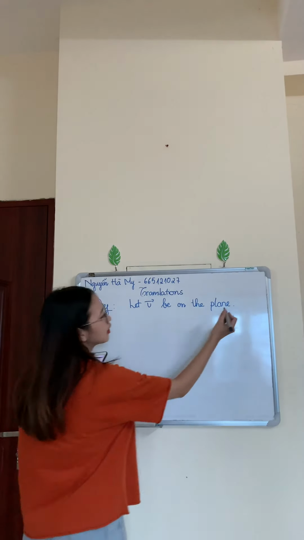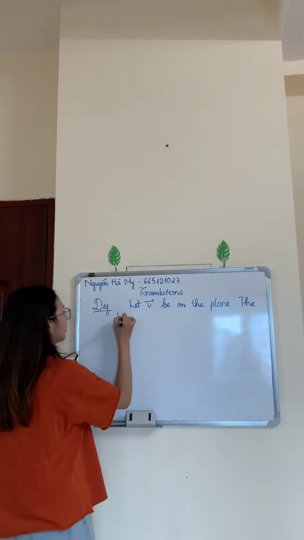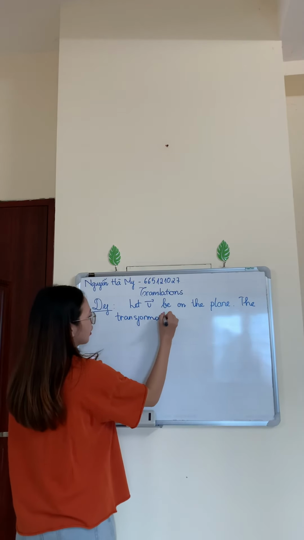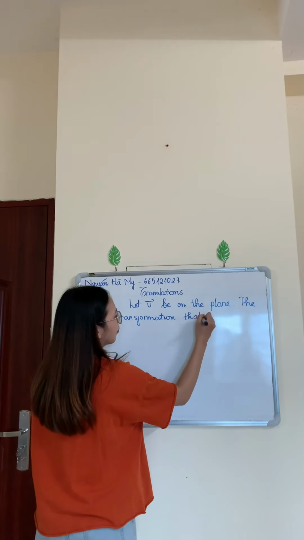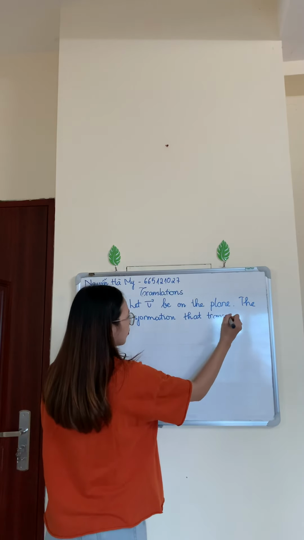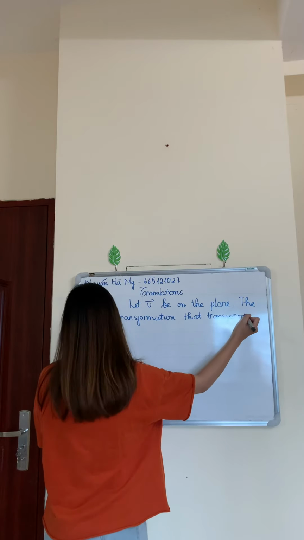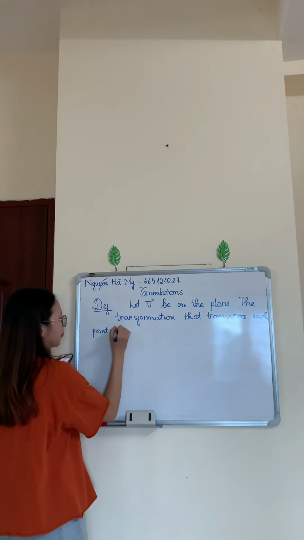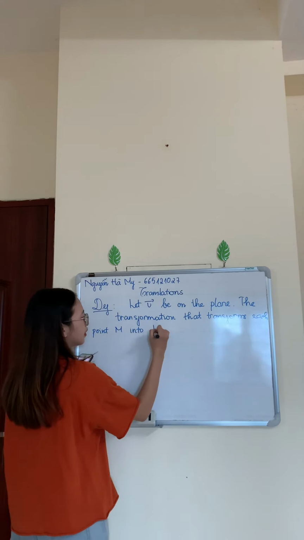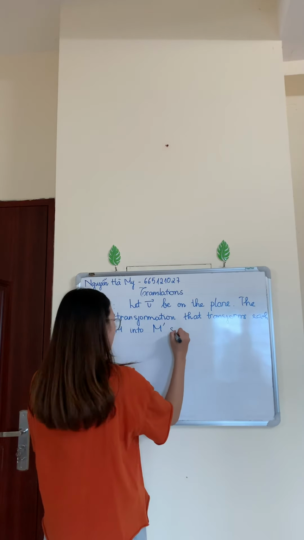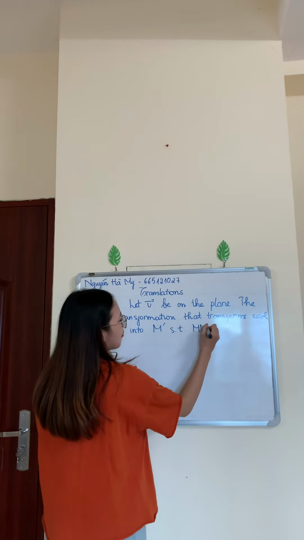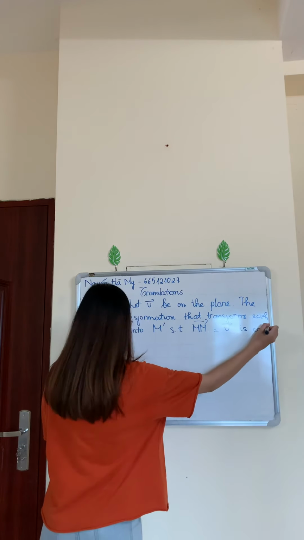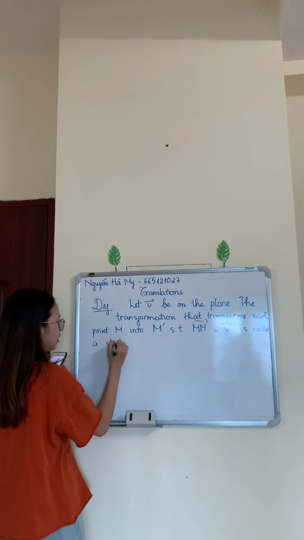The transformation that transforms each point M into M prime, such that vector MM prime equals vector v, is called a translation by vector v.